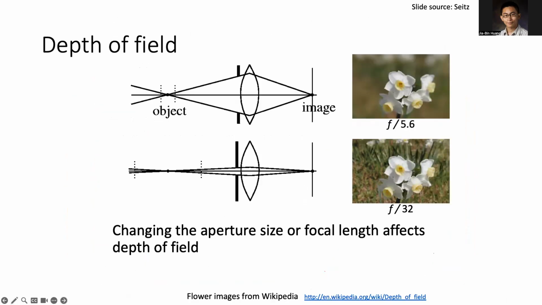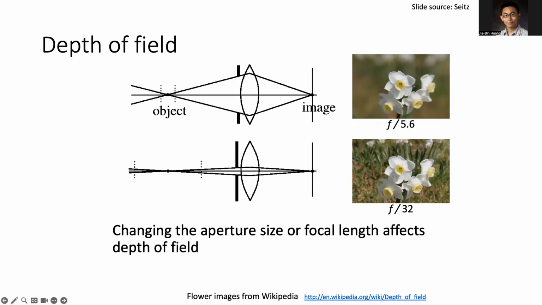All right, and last time we talked about the concept of depth of field, but we didn't give you visuals. So here are some visual examples. Last time we talked about how if you use a barrier, you have this trade-off between wanting to get more light but getting blurry results, and less light but a sharp result.